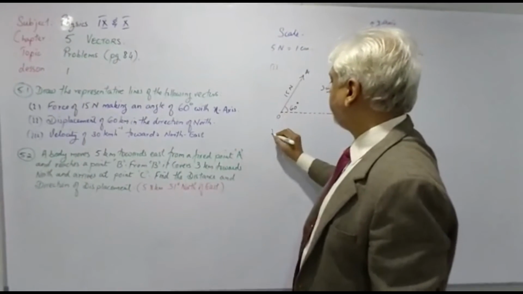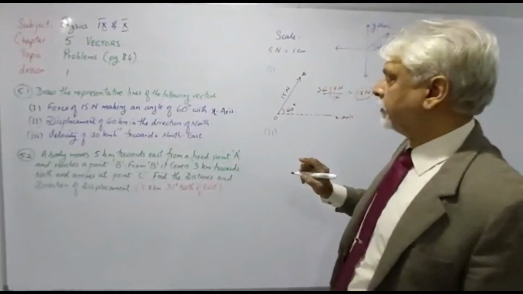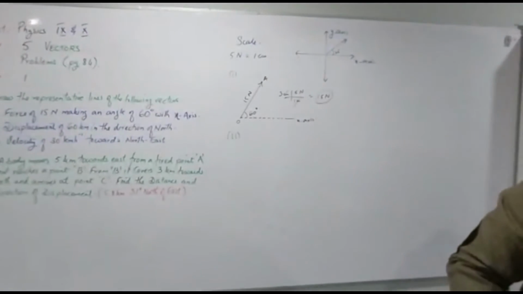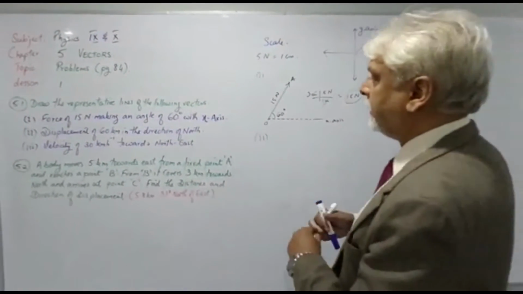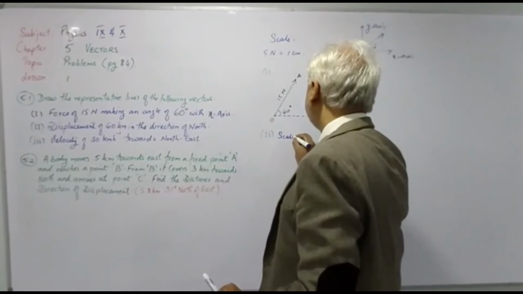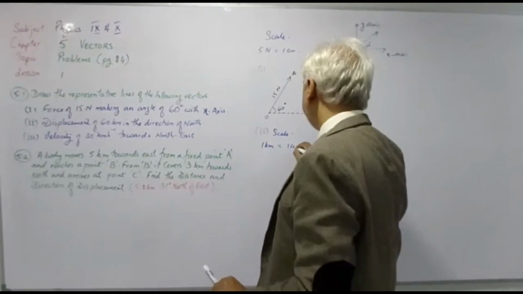Now, second one, it says here, displacement of 60 kilometers in the direction of north. Now for here, you'll have to just write down the scale. The displacement is 60 kilometers. Scale, so let's say 1 kilometer is equal to 1 centimeter.